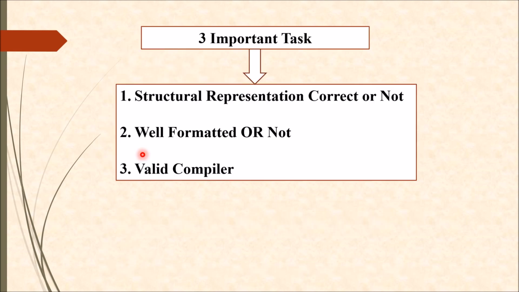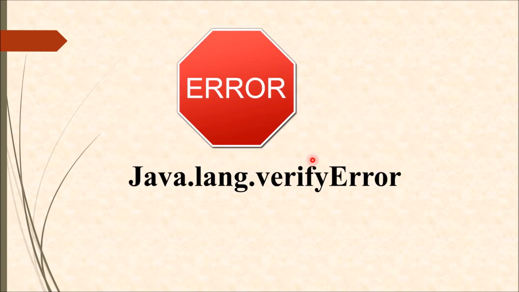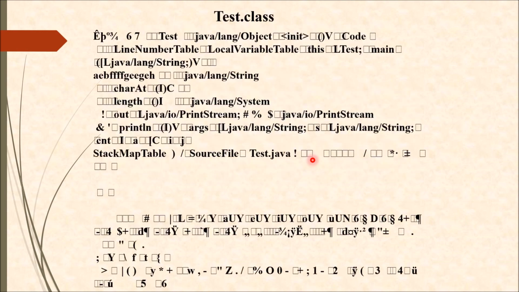If any of these three conditions is violated, then it will throw java.lang.VerifyError. For example, consider that this test.class file is generated by a human and not by the Java compiler.